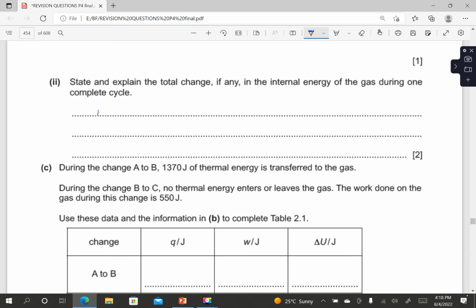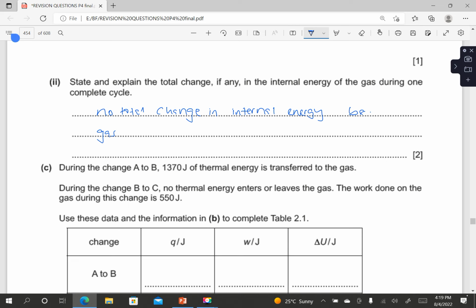I've already explained this. No total change in internal energy because the gas returns to its initial or original temperature.